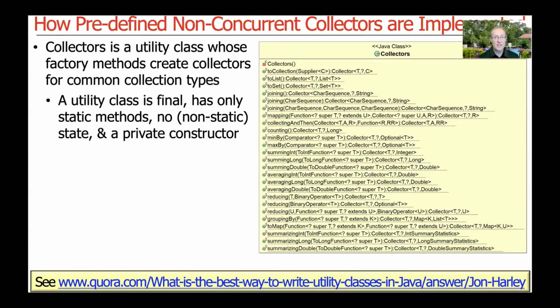It has no non-static state, or usually no state at all. But if it has state, it's static state, and it has a private constructor. Having a private constructor basically means that you can't make instances of the Collectors class. You can only use its factory methods to make stuff. And if you want to learn a bit more about utility classes, there's a link down here at the bottom of the page that'll help you navigate through what that means.